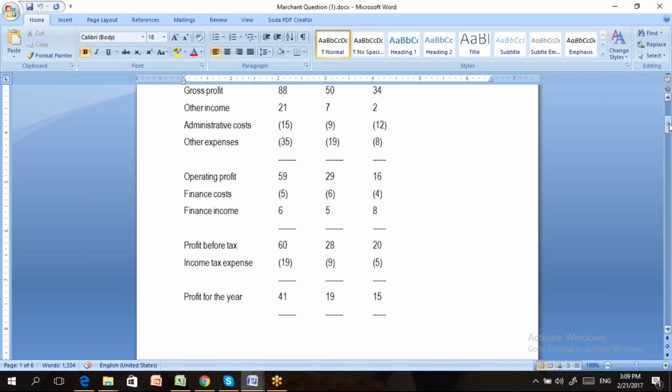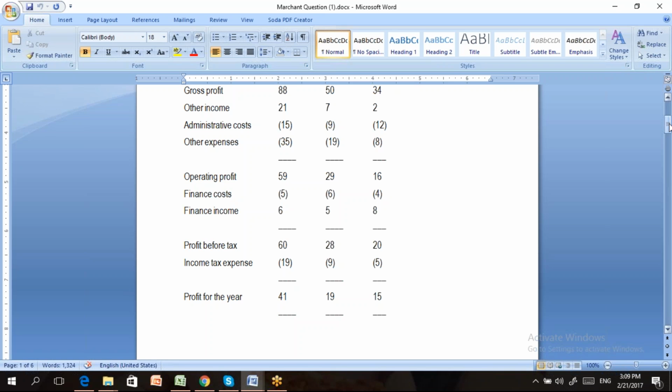The profit for the year of the company is 19 million, but I can't go by that one. I must go by my workings. Let me see my workings and see whether I can get the figures right.